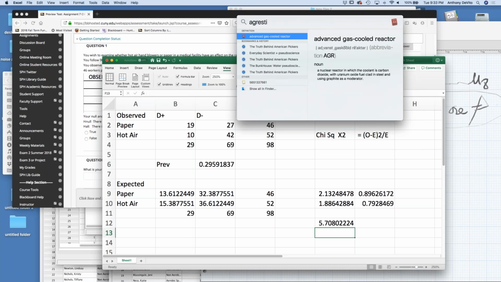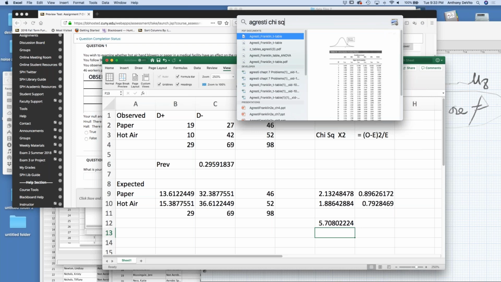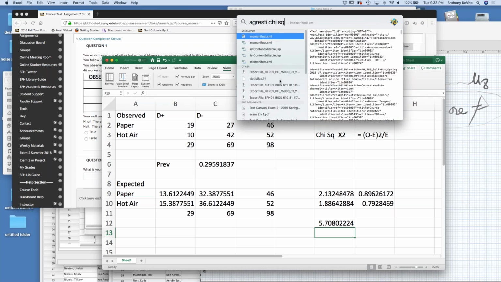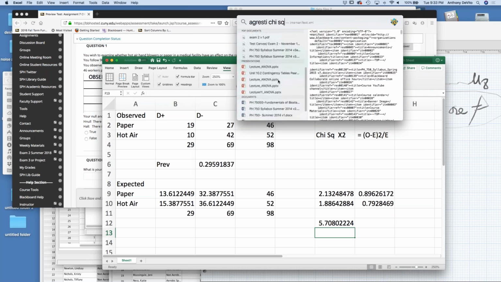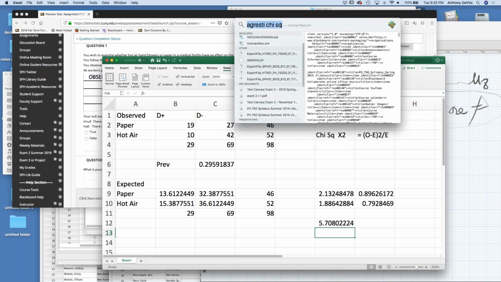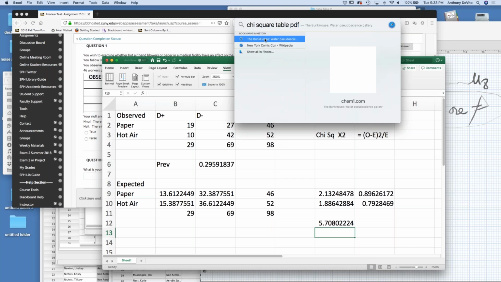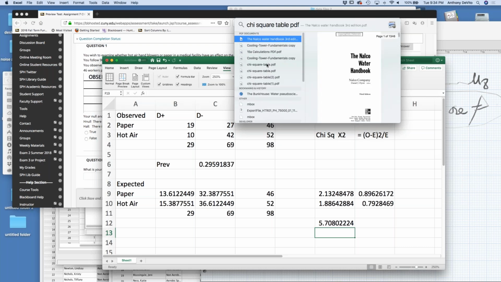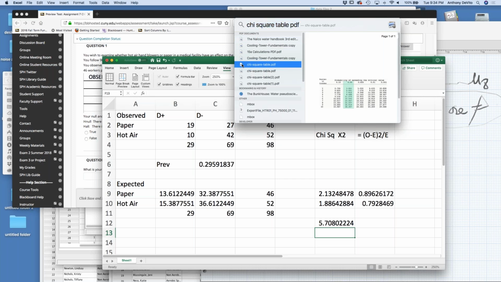So, yeah. Oh, did I just see it? How about if I just say chi-square table? You know, I actually think I have it on Blackboard behind me. Chi-square table, PDF. How about that? Wow, I'm striking out here, aren't I? Oh, here it is. I knew I'd get it eventually.